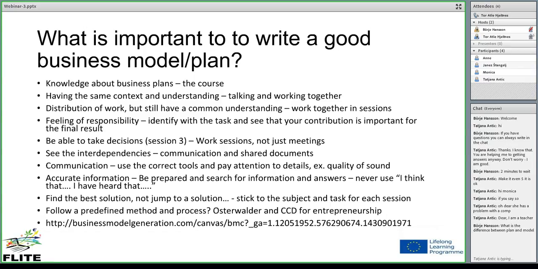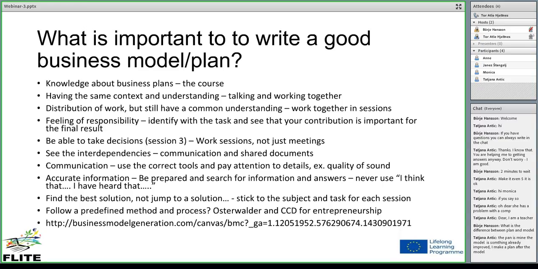When you're writing a business plan and someone is going to implement it later on, it's important that you not just believe something, but as far as possible, you should know things. That's why it's very important when you work with the business plan on the different subjects that you try to search for information and find correct answers, because they are crucial if you want to succeed when you implement the business plan later on.